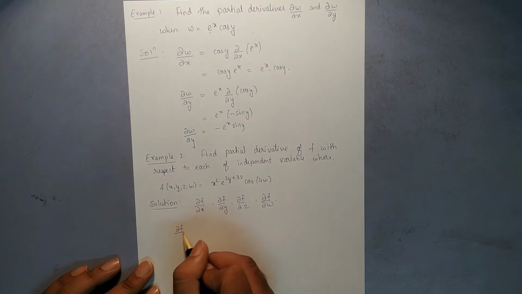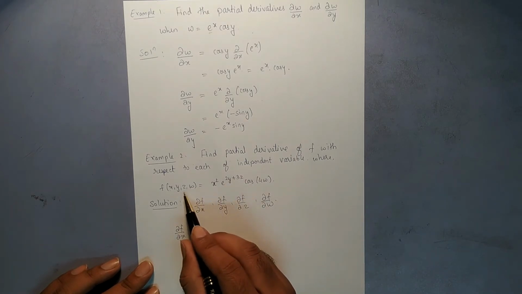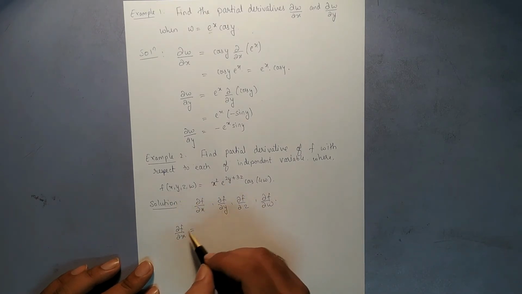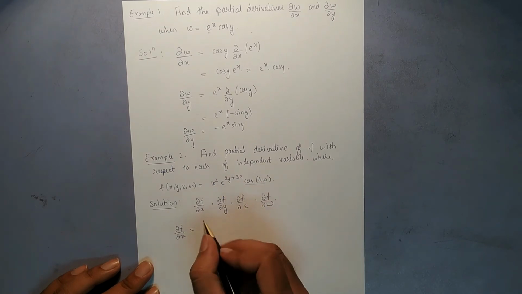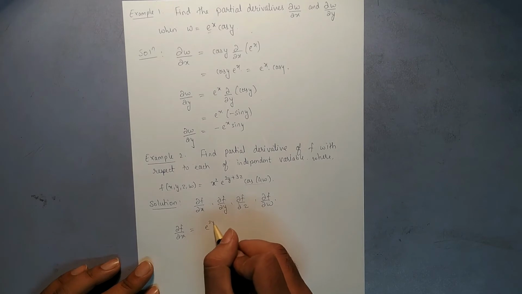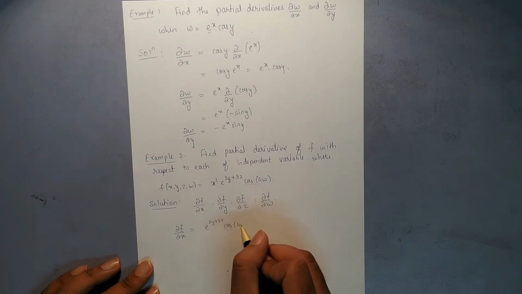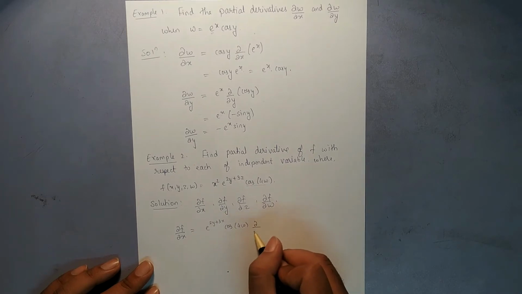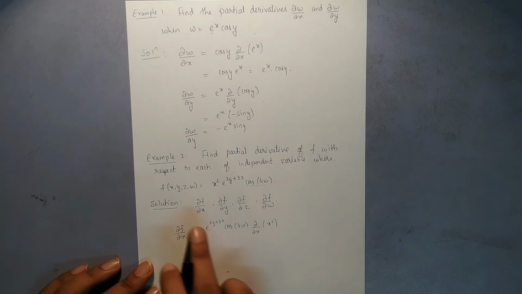So first, ∂f/∂x. When we find the partial derivative of f with respect to x, we will treat all other functions as constant, and we will just differentiate this function with respect to x.